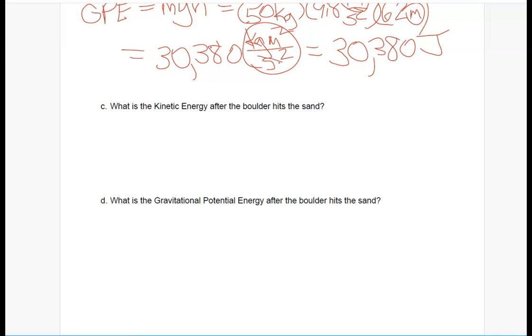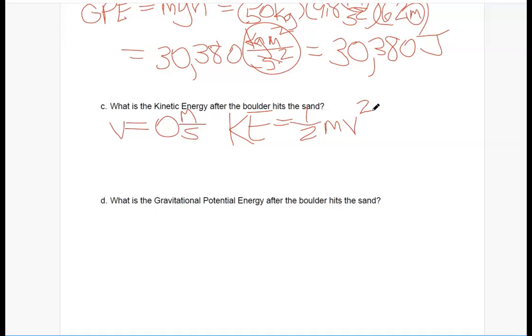Well, after it hits the sand, we know the speed is now 0 meters per second. It's stopped. Our formula for kinetic energy is 1/2 mass times v squared. So it doesn't matter how big the mass is.